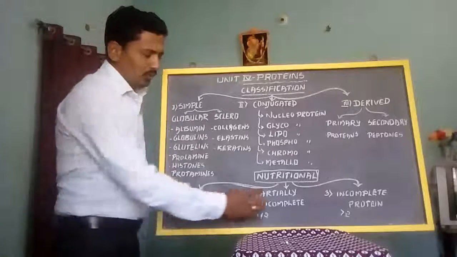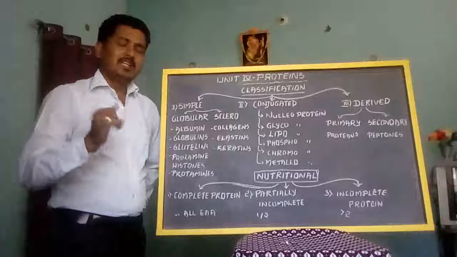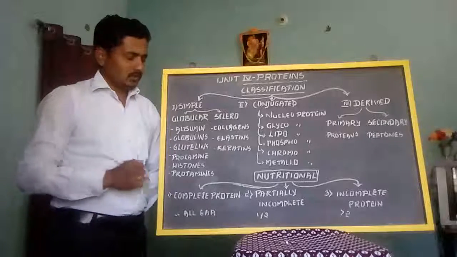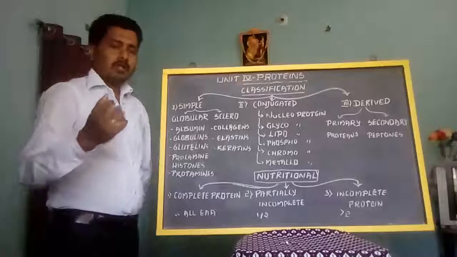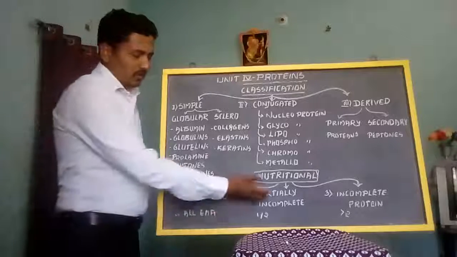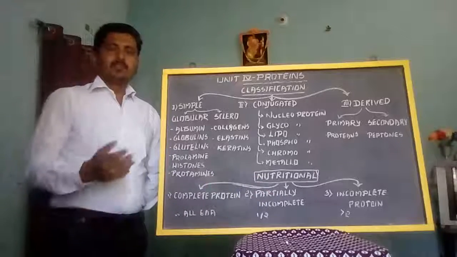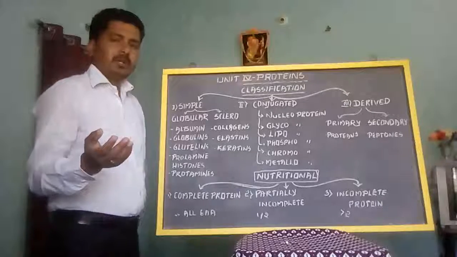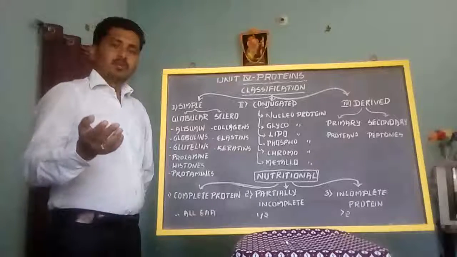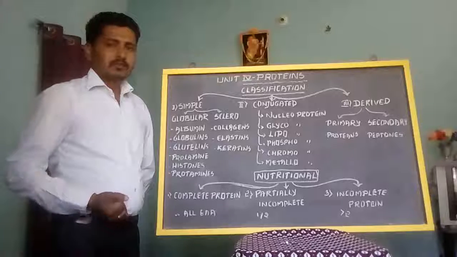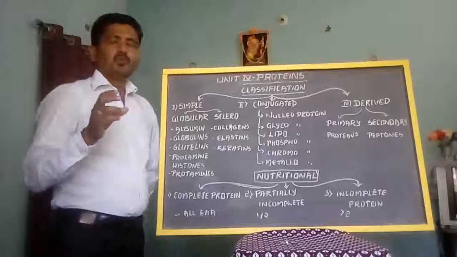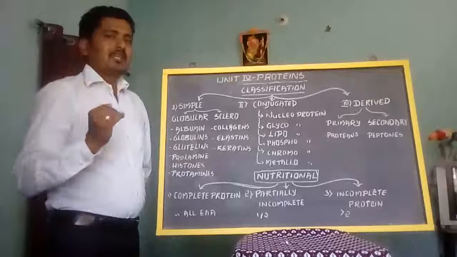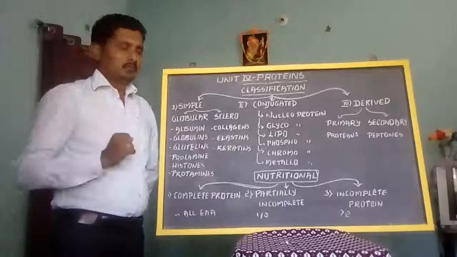That type of protein we call a partially incomplete protein. An example is plant sources of protein. For example, cereals are lacking in lysine, and pulses are lacking in methionine. That's why those foodstuffs are called partially incomplete protein.